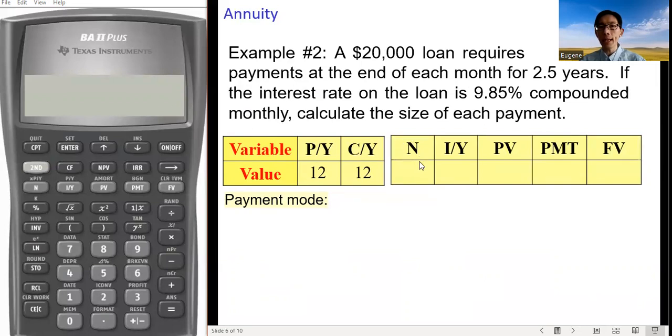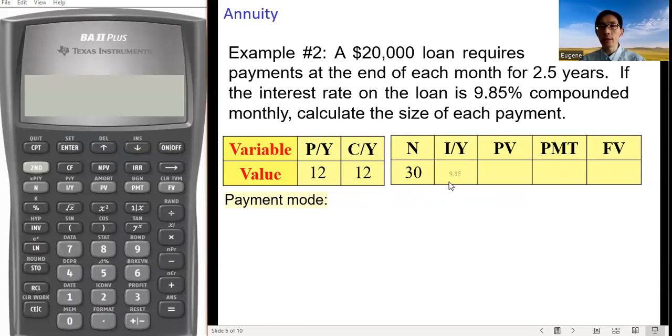And then N is the total number of payment periods. The annuity has a duration of 2.5 years with monthly payments. So N equals 2.5 times 12, which is 30.